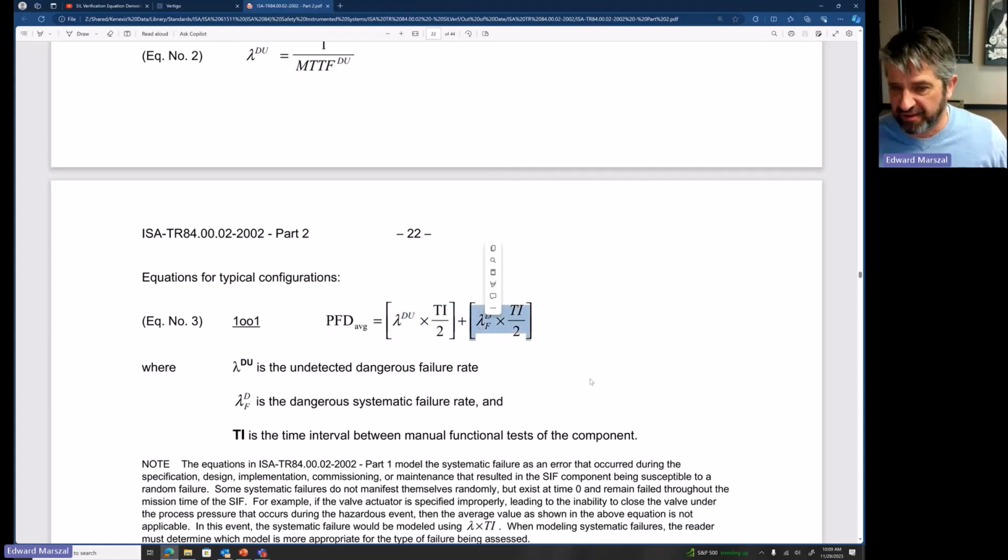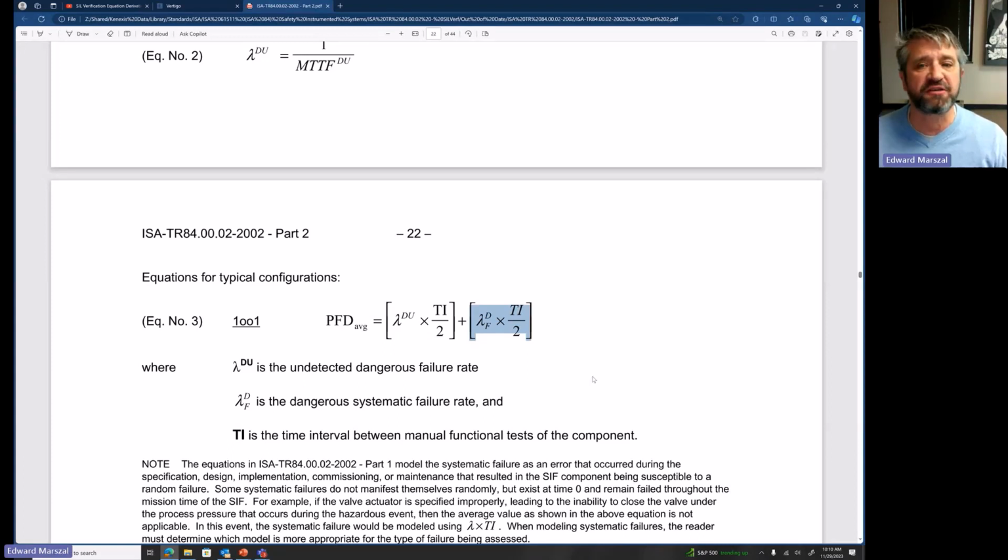Ignore this term at the end, which is the probability of failure associated with systematic failures. The standard, and this could actually be the topic of an entirely different seminar, why you don't include human failures in your PFD calculations.